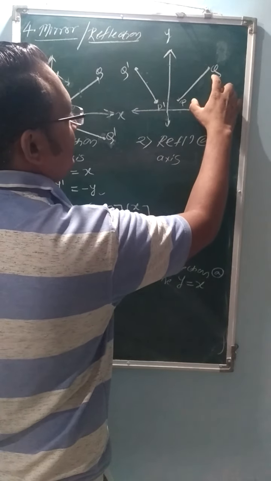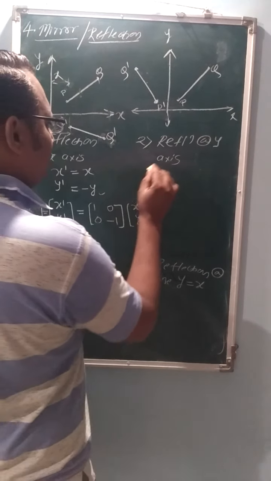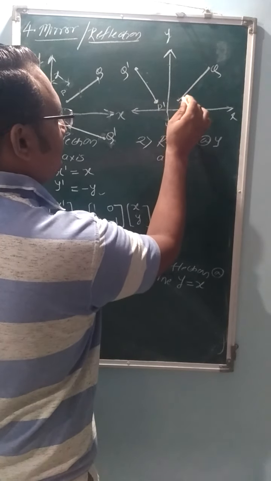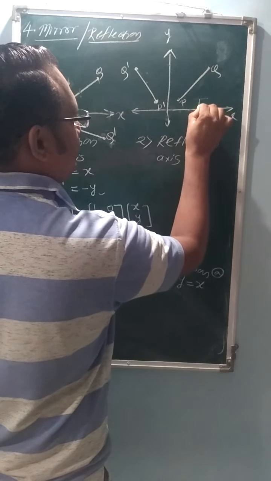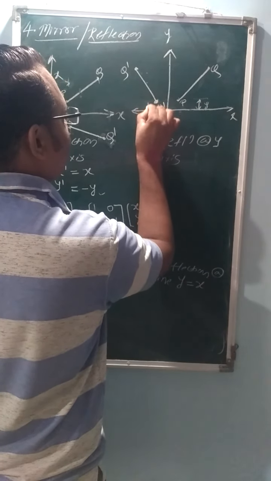This one is the original entity, this one is the reflected entity. See here, the distance along y-axis will be the same.